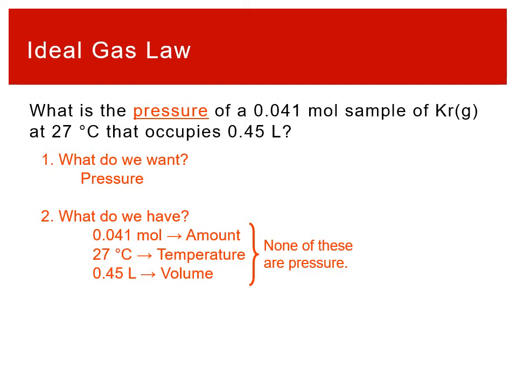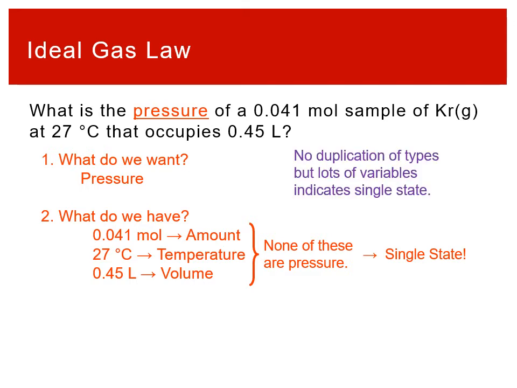When we were dealing with the changes, if we were solving for, say, P2, we had to be given P1. But we're not given P1 here. We're asking for a single pressure. There's no other pressure variables given. That points to this problem is looking at describing a single state.